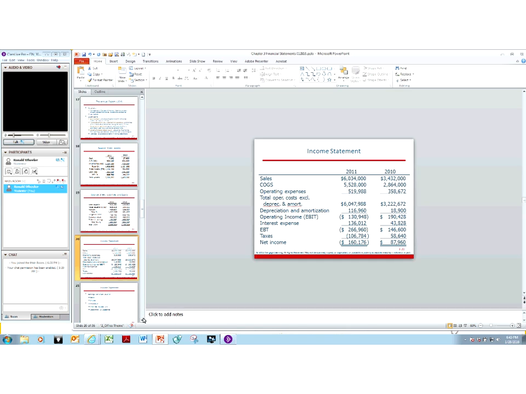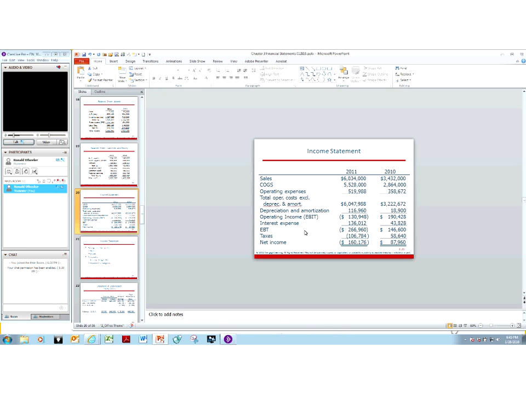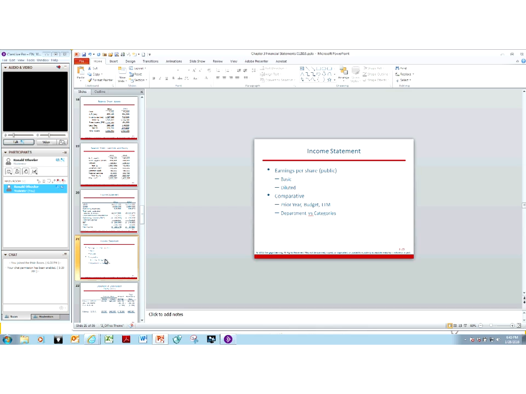And so those are the types of things that you want to be thinking through as you're reading these. Again, they go hand in hand, and one statement by itself doesn't give you the full picture. Nonetheless, when you look at the income statement and you see a loss, that helps to point you to areas that you need to dig into further to understand what's going on within the business.